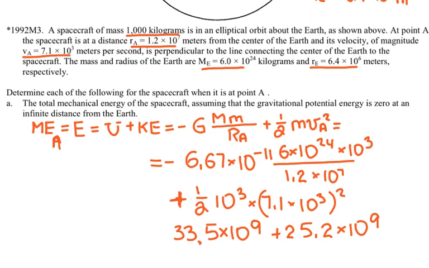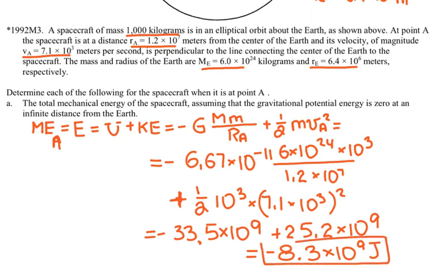The first number is negative. So my answer is negative 8.3, 10 to the 9th joules. So that's my answer for A.